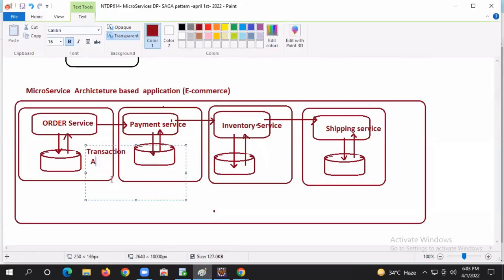Transaction A. Here a separate transaction is there.